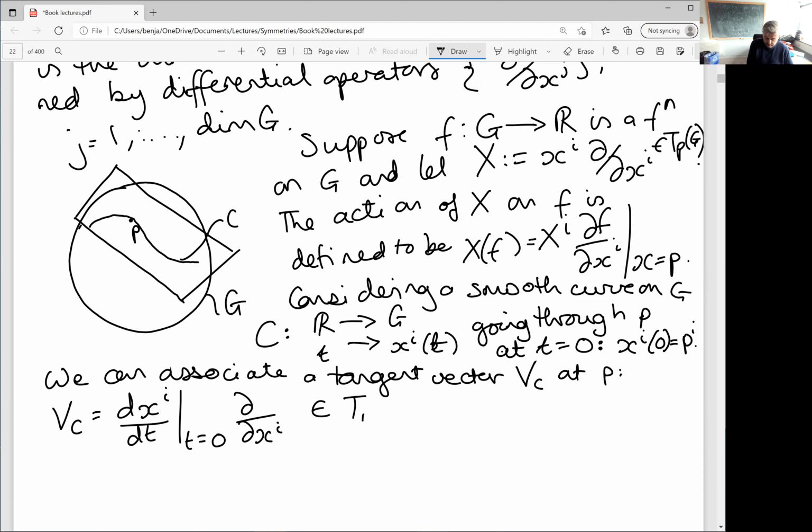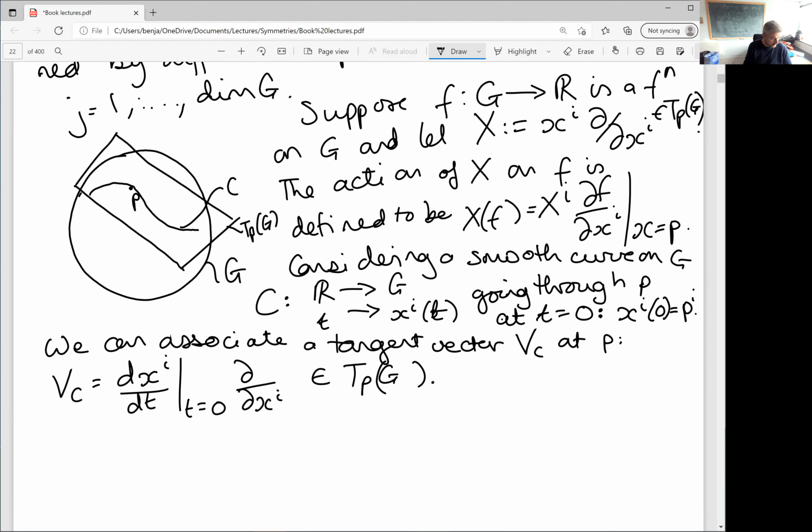This is in the tangent space at point P. Okay, so that defines our tangent space at point P. If we act on our function f, the idea is we have some function varying over this sphere, but we take this path C at a particular point P, and then we want to act with the tangent vector on this function f.